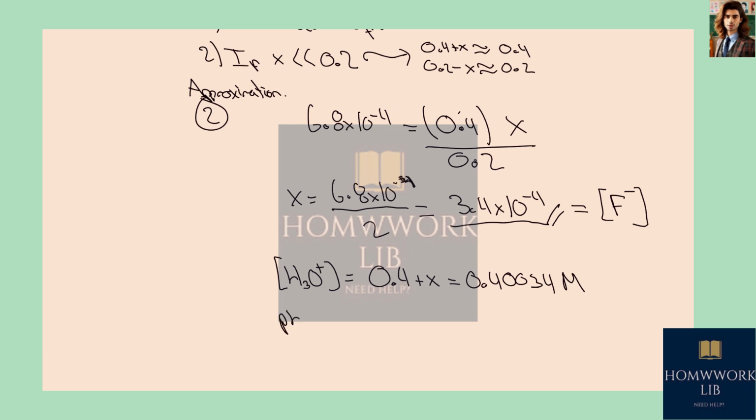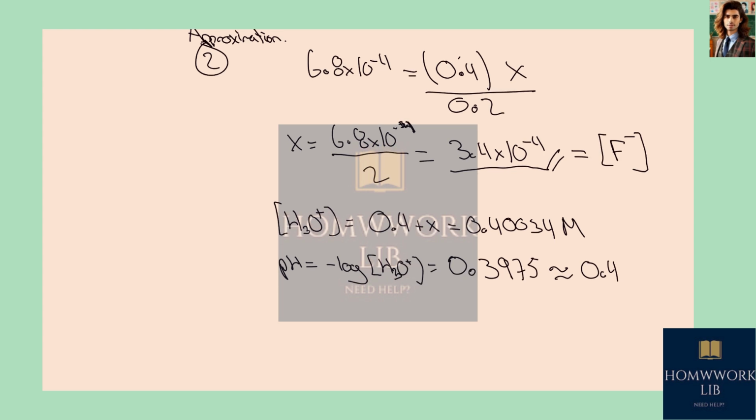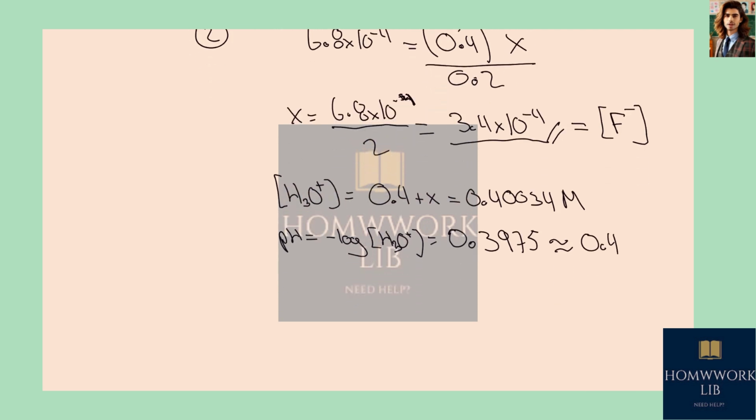So now pH is equal to minus the logarithm of the concentration of hydronium, which is 0.3975. We can say that this is approximately 0.4 if you just use one decimal point, because most pH meters only have a resolution of 0.1 when you're doing labs. Okay, so this is going to be the answer.